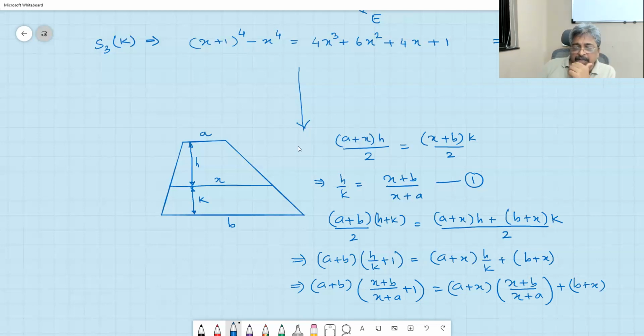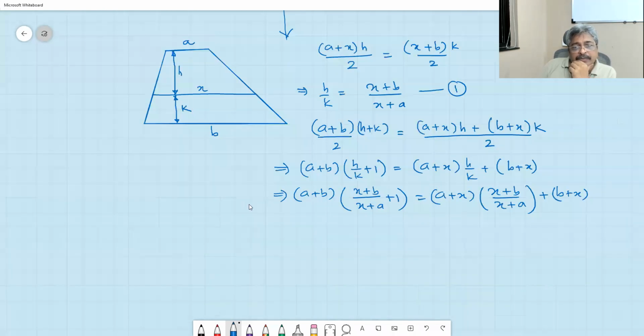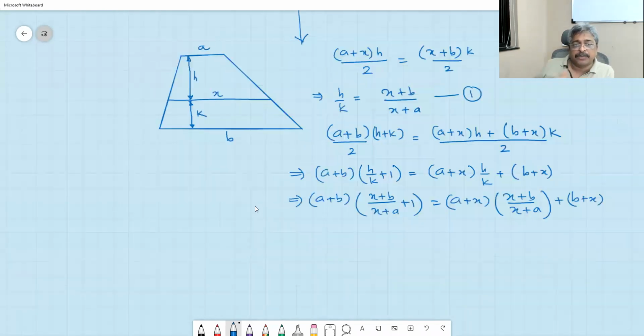Okay, now you have a relationship of x, a and b, and if the problem is correct, the relationship will be correct. So this is where the problem is solved, because you have eliminated h and k. That is what we had introduced to find the area. Okay, so now it is a question of how we deal with this.